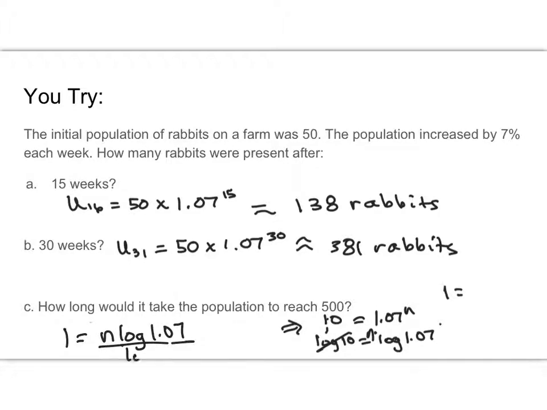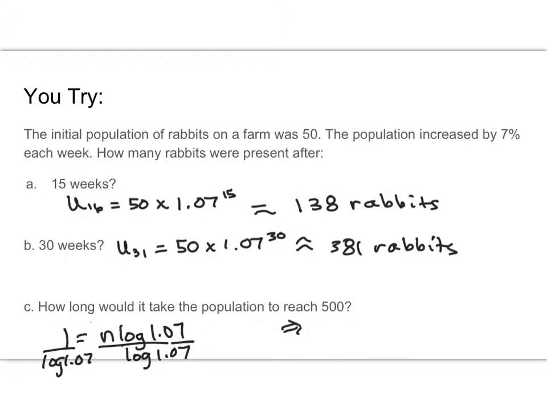Log of 1.07 is a number, so I can go ahead and divide both sides by log of 1.07. Which means that n is about 34 weeks.